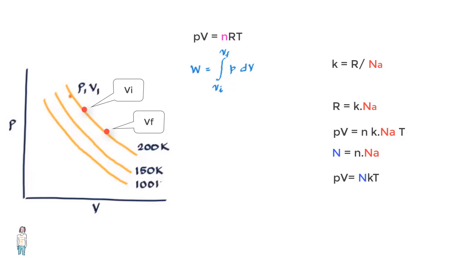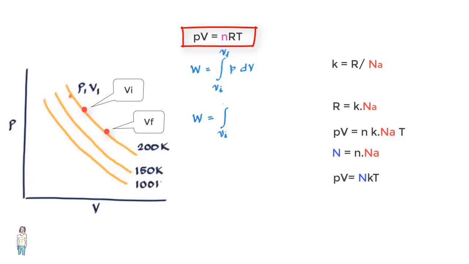Further, we can make use of the equation PV is equal to nRT for an ideal gas and use the value of P in this equation. So let us substitute this here, and what we get is W is equal to integral nRT upon V dV, where V is changing from Vi to Vf.